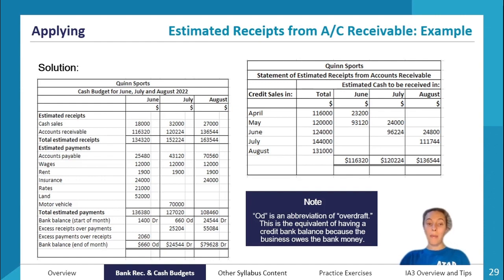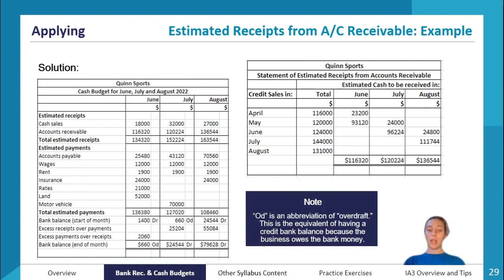So to figure that amount out, you can think of overdraft as being the equivalent of having a negative figure. So it's negative 660, and then you're adding the 25,204 to that, and that gets you the 24,000. Alternatively, instead of thinking of 660 as a negative and adding the other figure, you could just start with the figure 25,000 and then subtract the 660 from that.